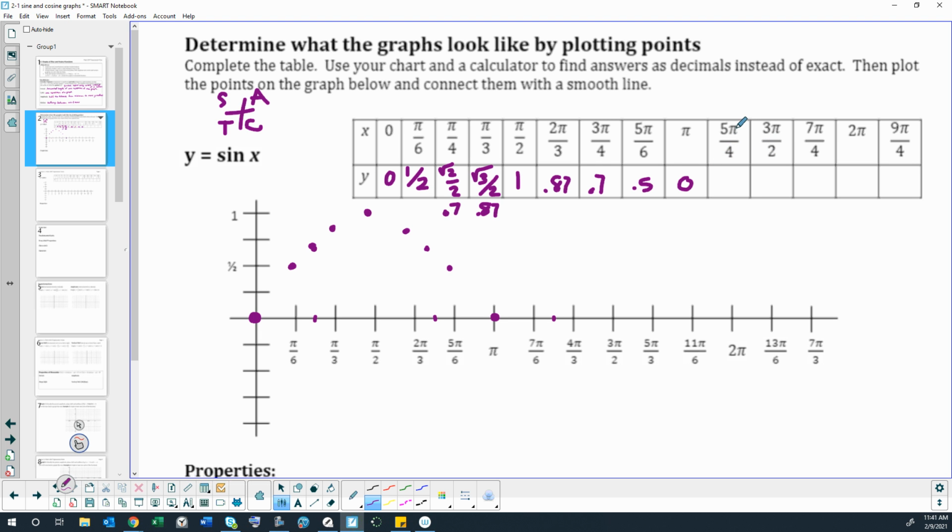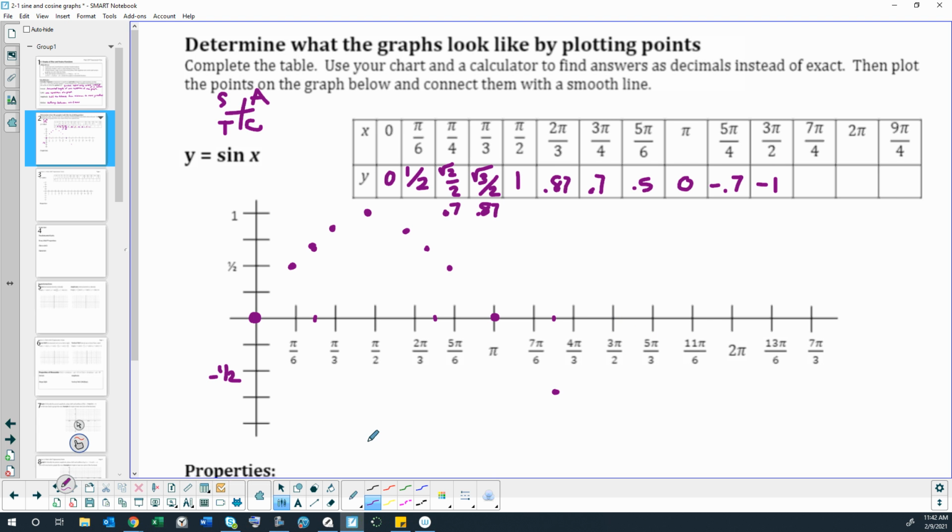So 5pi/4 is still going to be the same as 3pi/4 and pi/4, square root of 2 over 2, except what changes? It is negative, yeah, so that's going to be negative 0.7. So that takes this point down. If this is negative 1/2, then negative 0.7 will be about there. And then 3pi/2 takes us down to negative 1.